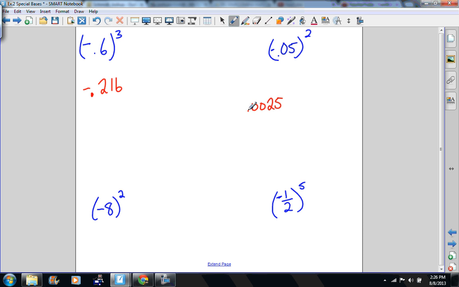Just like that. -8 squared is positive 64. And -1/2 to the 5th is -1 over 2 times 2 is 4, times 2 is 8, times 2 is 16, times 2 is 32. Just like that. All right, if you have questions on these, make sure you bring them to me. We will work on them together.